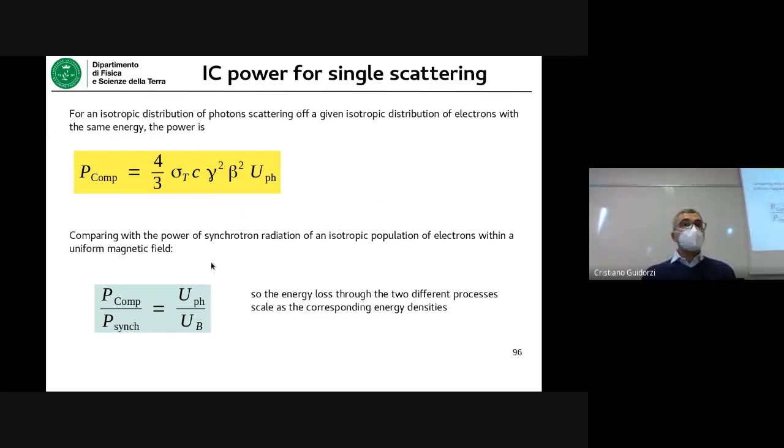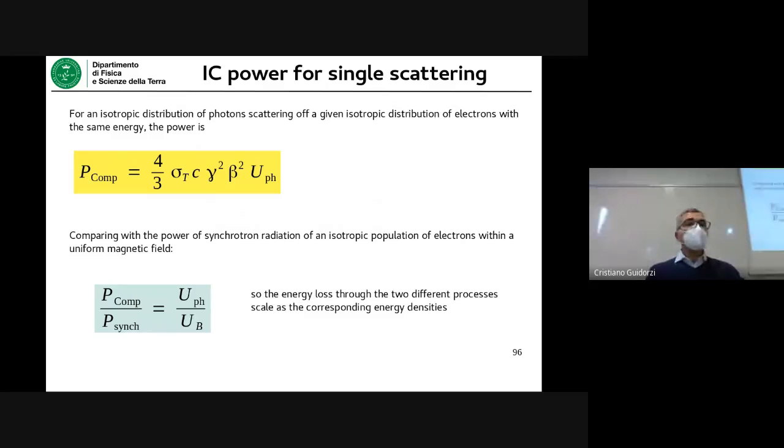So whenever you have ultra-relativistic electrons traveling through a sea of photons, and there is also some magnetic field, and you want to consider which is the most effective mechanism, I know that the electrons are losing energy through both processes. Which one? Is there any one which is dominant? Well, just work out the corresponding energy density ratio, and you immediately see whether there is.